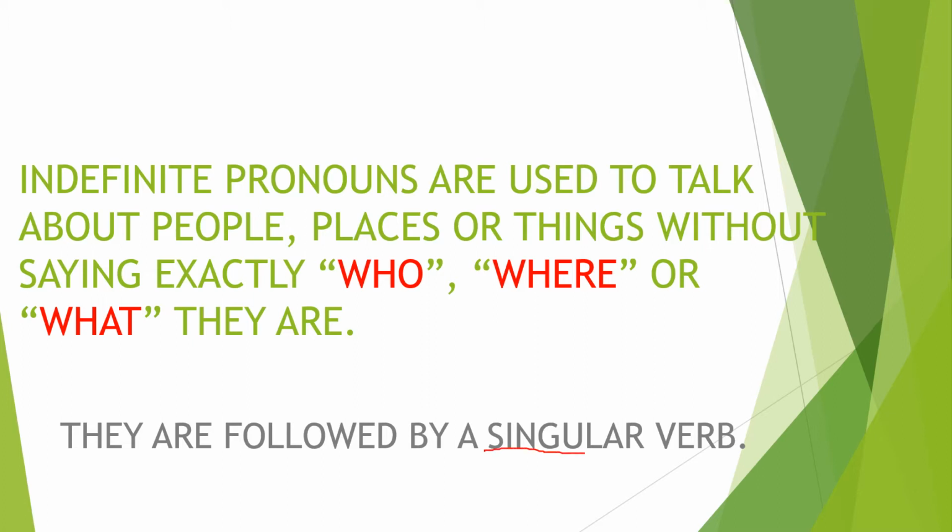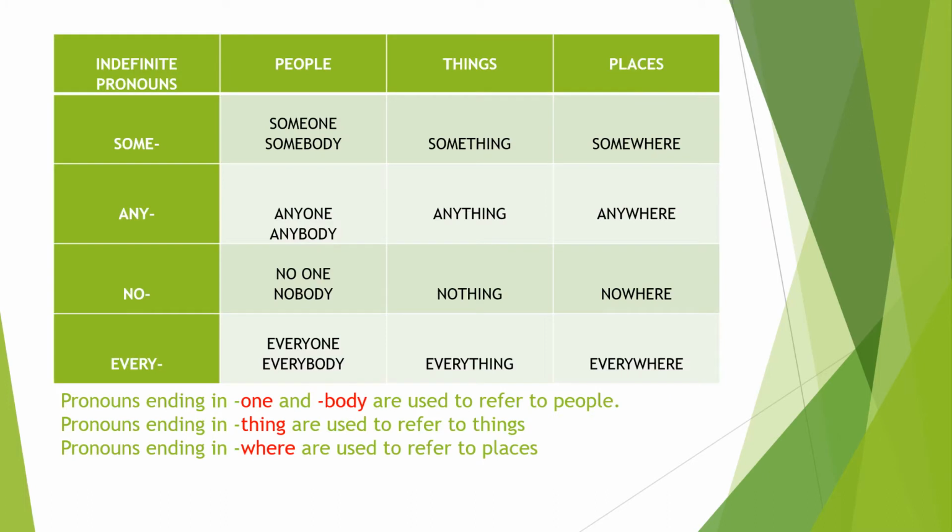So a singular verb is important when we are talking about the following indefinite pronouns. Here we have a chart where they are showed the different ones we can use in our speaking, listening, reading, or writing. The first ones, pronouns ending in one and body, are used to refer to people.